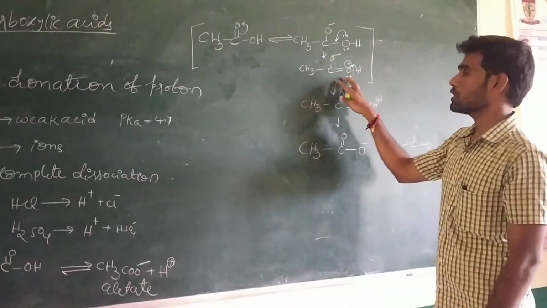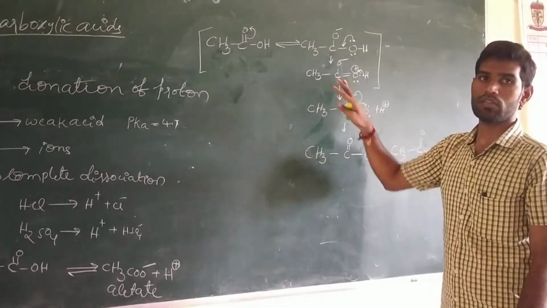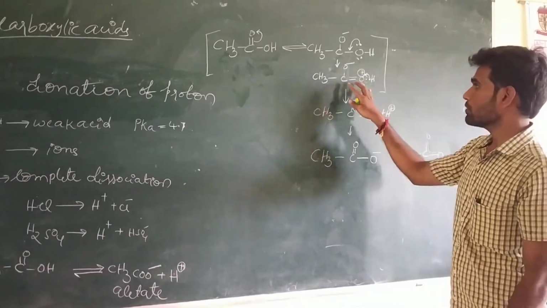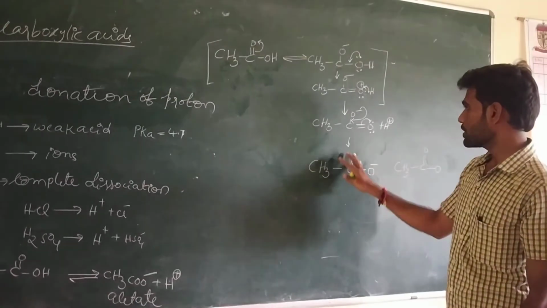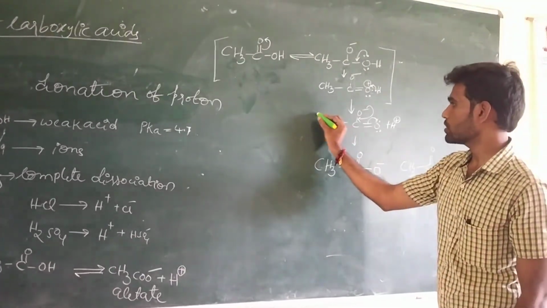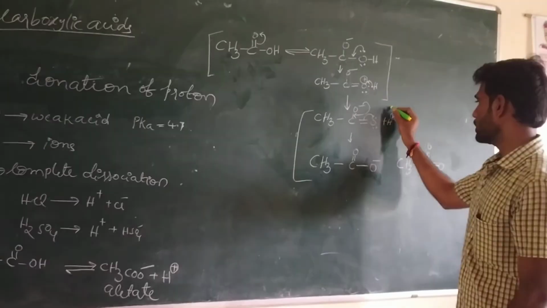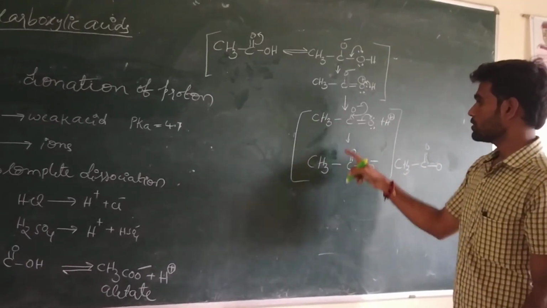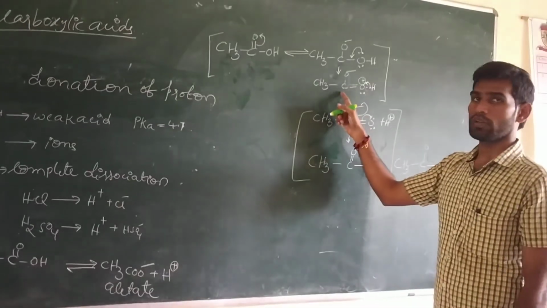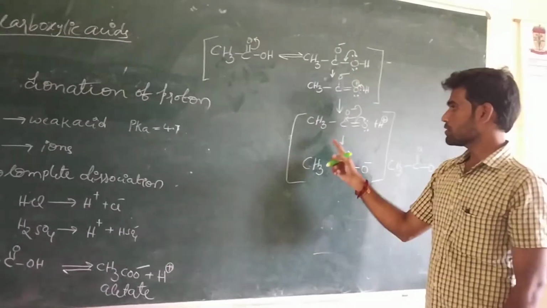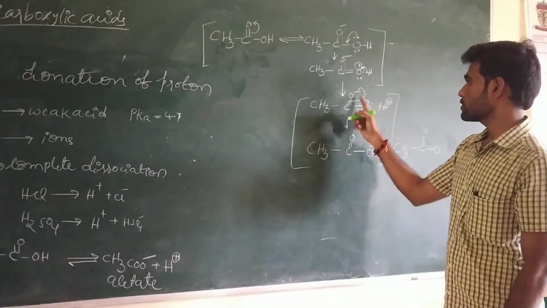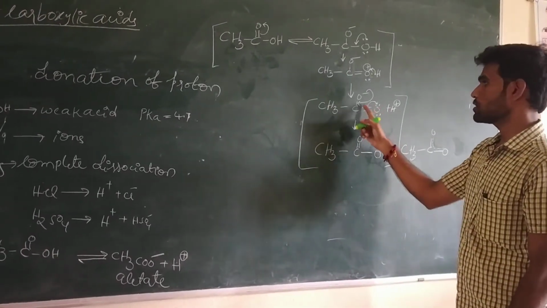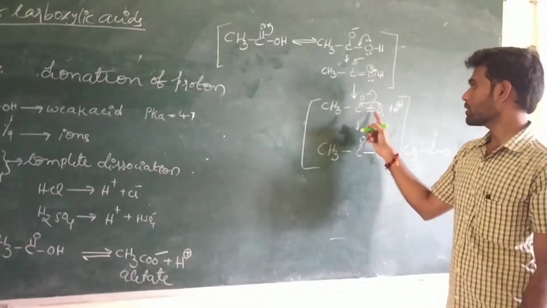If the molecule contains more energy, it is unstable. So this molecule is unstable. The resonance structures that are produced are the anionic resonance structures, and they are more stable than this structure, because here only one charge is distributed between the electronegative atoms.